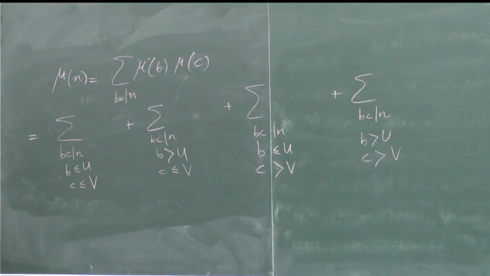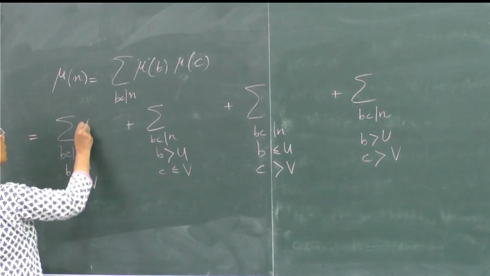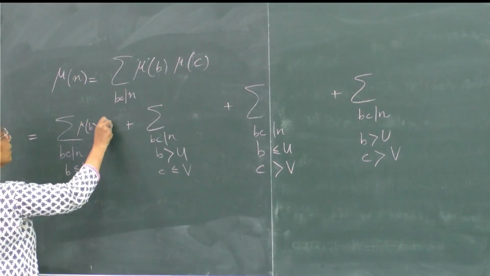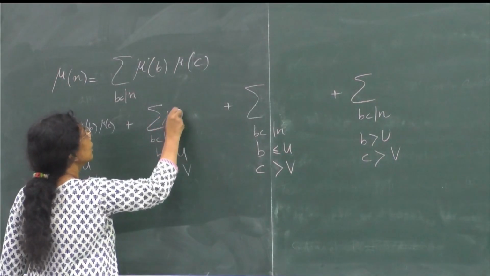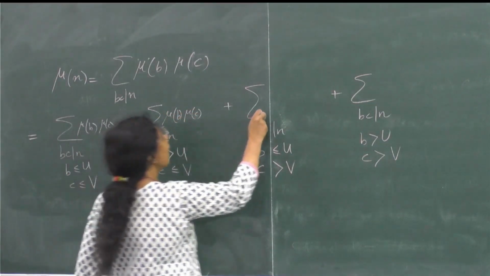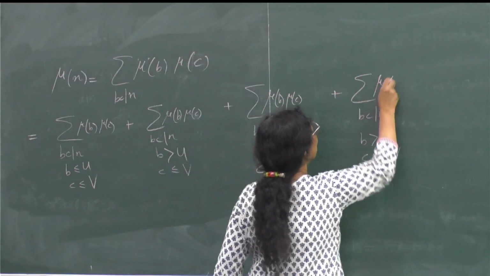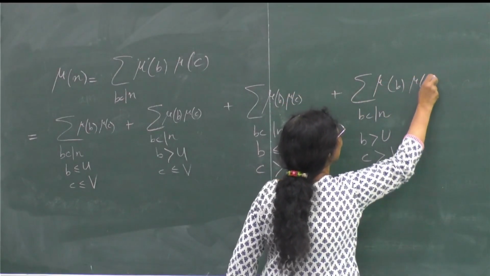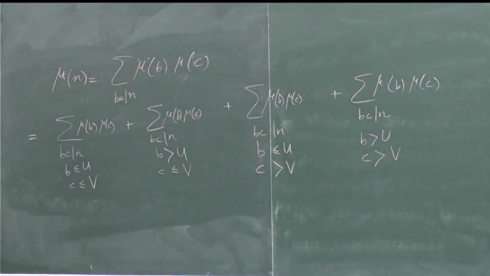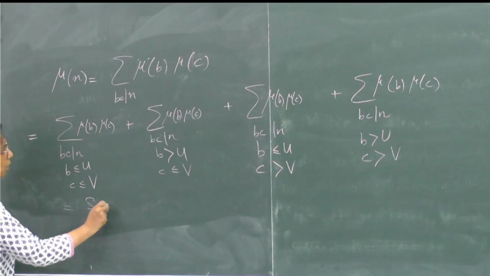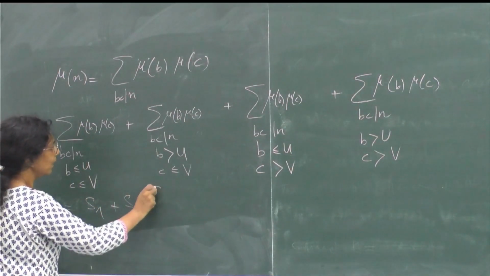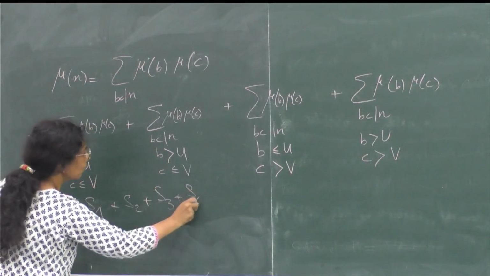And always this is for mu b, mu c. You can call them different sums, S1 plus S2 plus S3 plus S4.